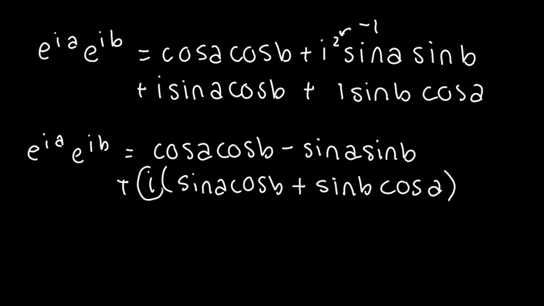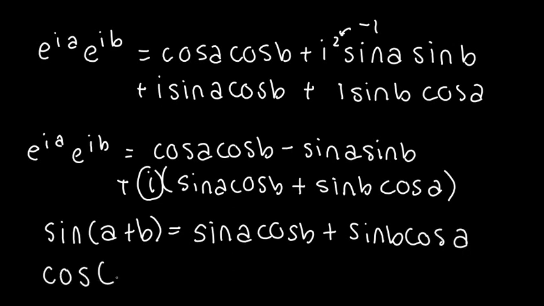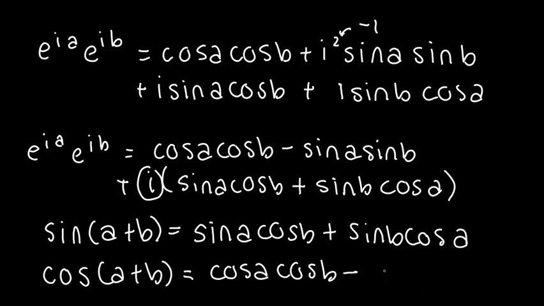And because we see an i outside of this parentheses, that means that sine of a plus b must be equal to what we desire, which is sine a cosine b plus sine b cosine a, and that cosine of a plus b is equal to cosine a cosine b minus sine a sine b.